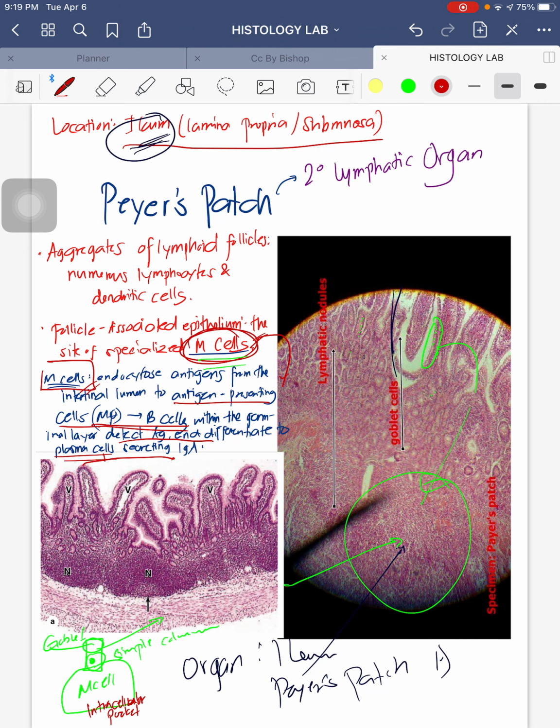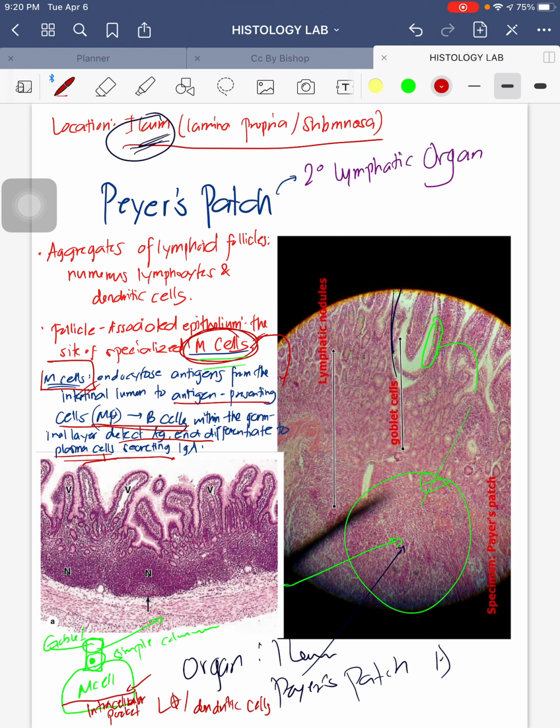So the intracellular pocket now contains populations of your lymphocytes and dendritic cells. So lymphocytes and dendritic cells leave the M cell pockets through the basement membrane. So here also there is a basement membrane, meaning they will just pass out.